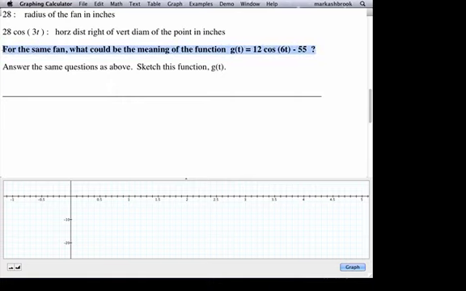For the same fan, what could be the meaning of the function 12 cosine 6t minus 55? Just take a minute and see what you can come up with. It's the same fan, but a different function. What could be the meaning of that function? Talk to the person next to you and see what you can come up with in terms of what the meaning of that function would be. Go.